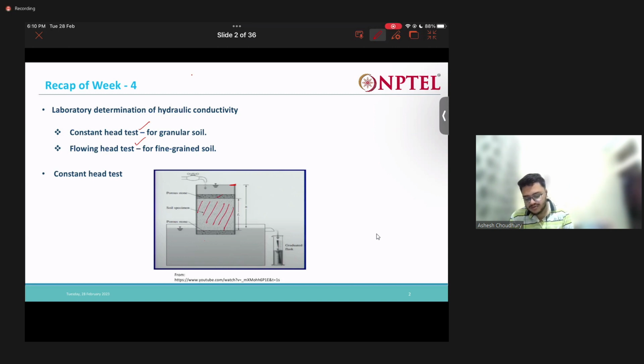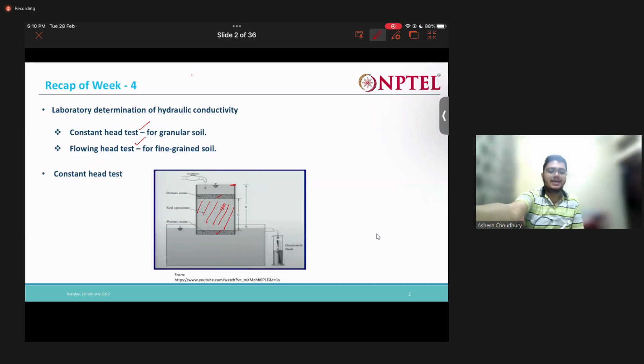We have porous stones, and between the porous stones our soil is placed, and the head is maintained at h.